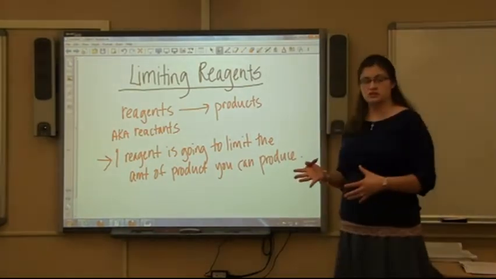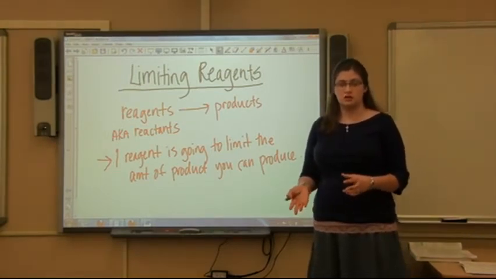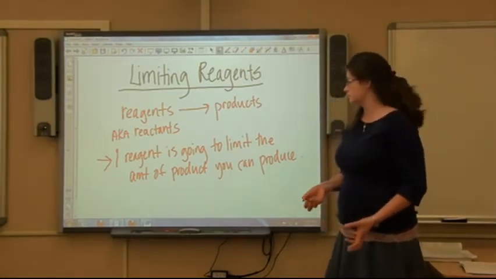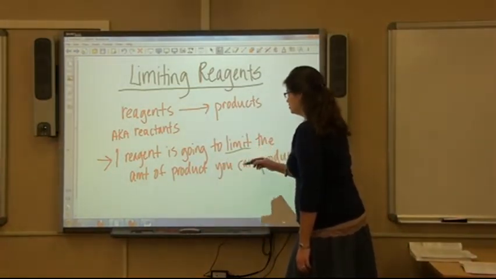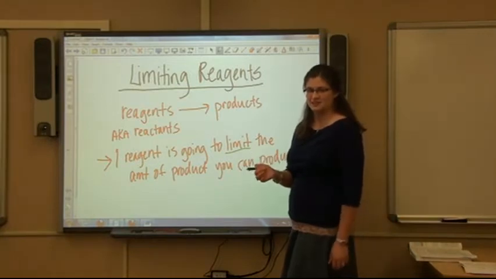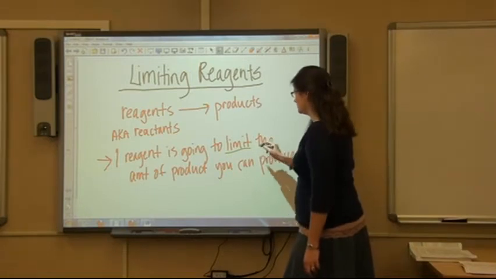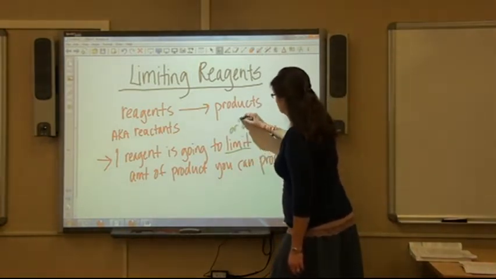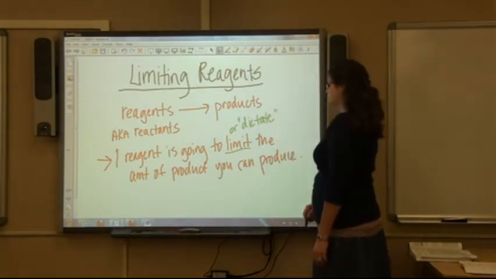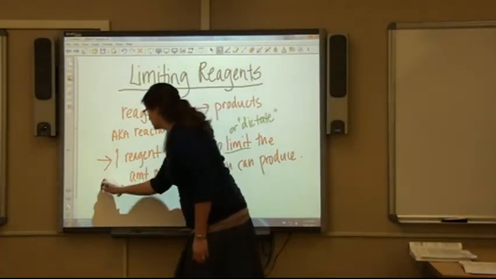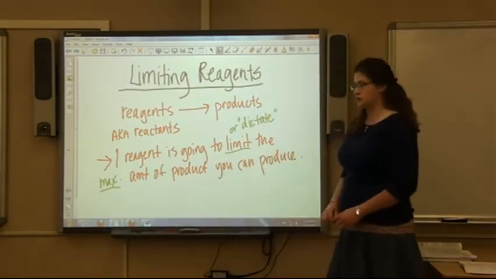So one reagent in your chemical reaction is going to dictate the maximum amount of product that you're able to produce. You should never use a word's name in its definition to describe it. So one reagent is going to limit or dictate or determine the maximum amount of product you can produce.